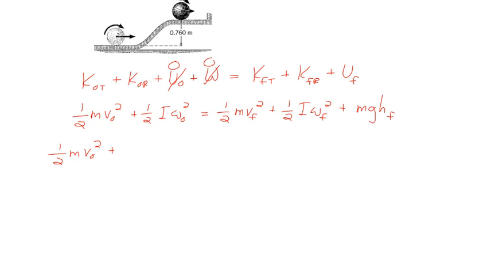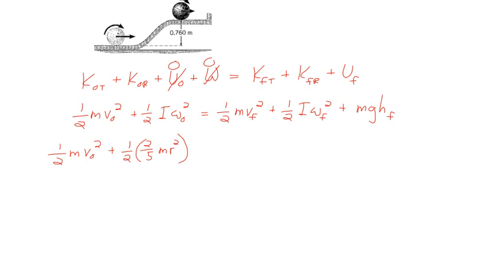So I'm going to have 1/2. And now for I, a bowling ball. What type of shape is a bowling ball in terms of how we're going to calculate its moment of inertia? What would you call it? Sphere. It's a solid sphere. And the formula for a solid sphere is 2/5 mr squared. So that's the formula for I for a solid sphere.